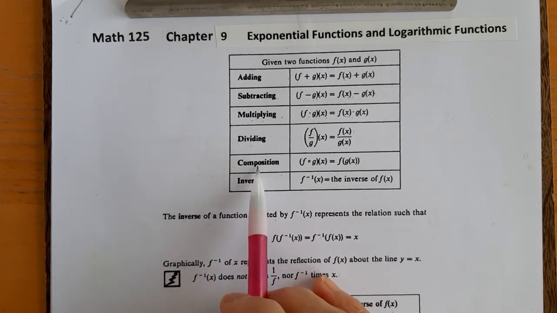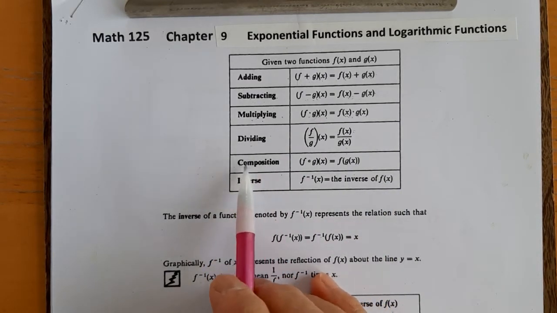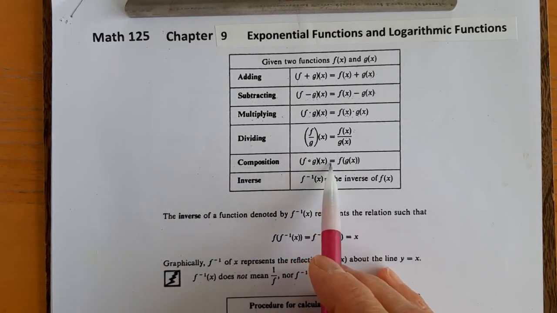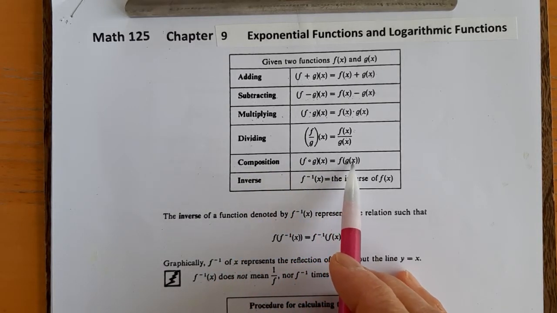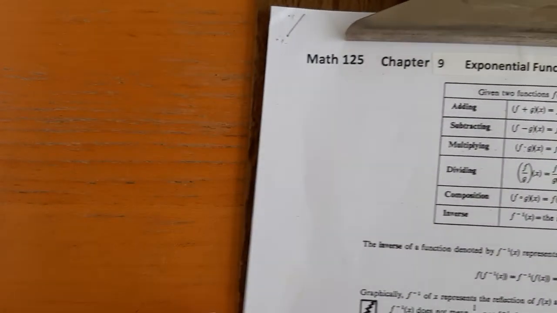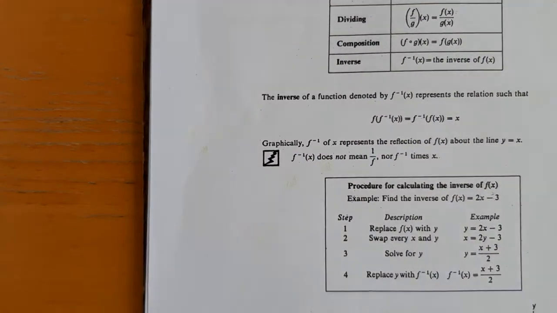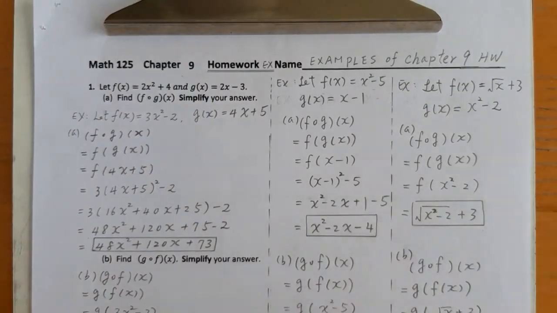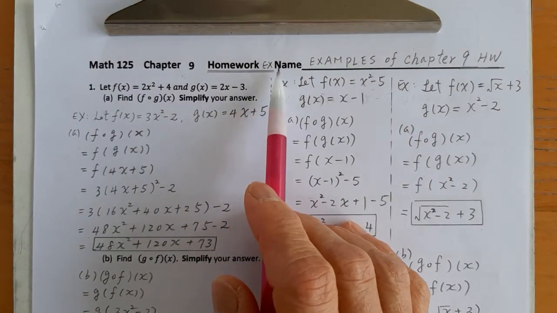Now today, in this chapter 9, we are going to learn composition of functions, which is (f circle g)(x) equals f of g of x. So let's give you one example. This is your chapter 9 homework example.